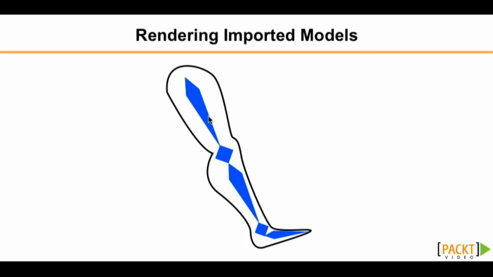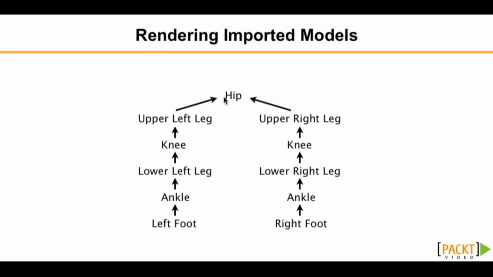I'm not going to go into much more detail on this, but I want to show you that the movement of one bone affects the other. For example, if we have the entire lower body, we have the hip on the top like a tree, and then we have the upper left and upper right leg.